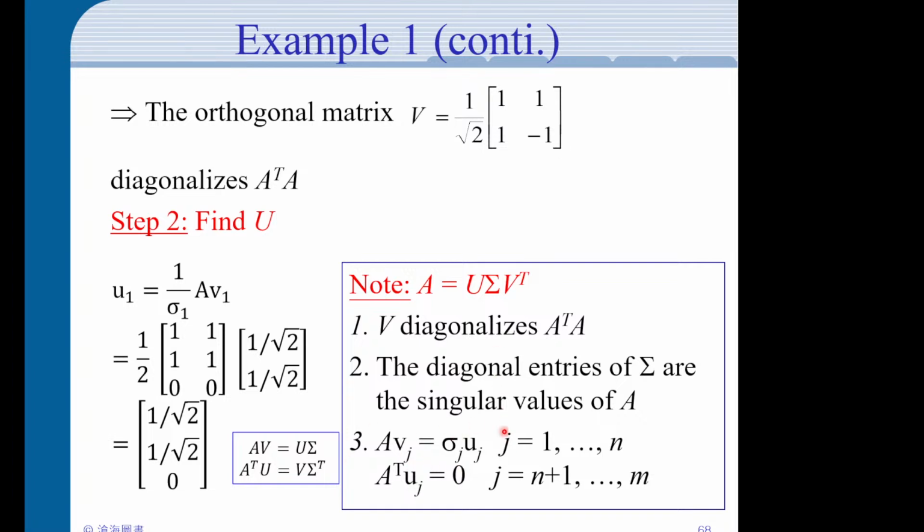This equation actually has more interpretation, which we hope to talk about later. Now those Vj and Uj are actually singular vectors. Here we can see what the singular value decomposition is really about.